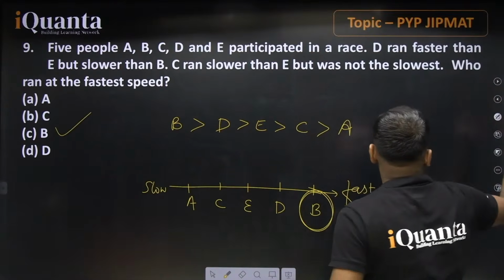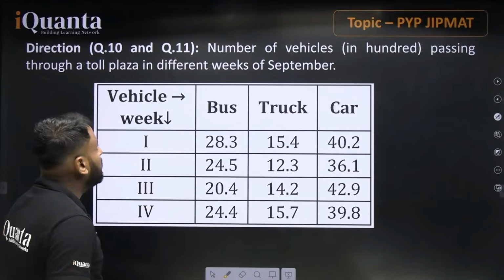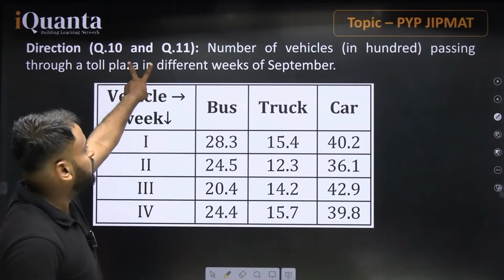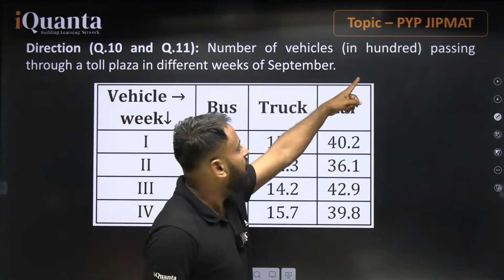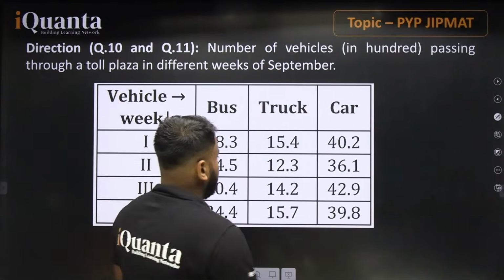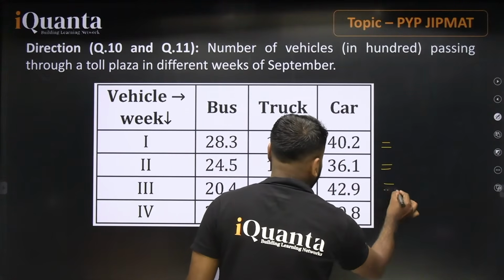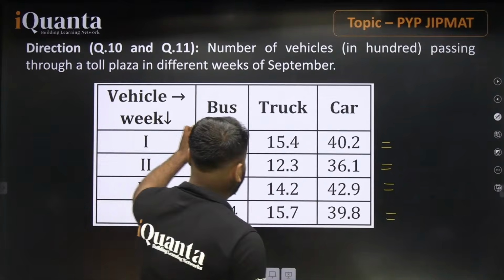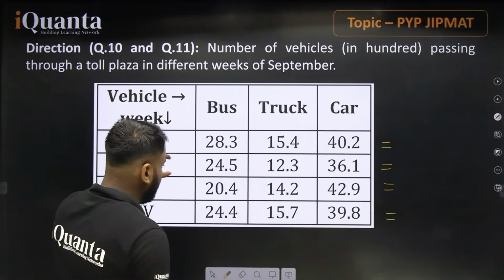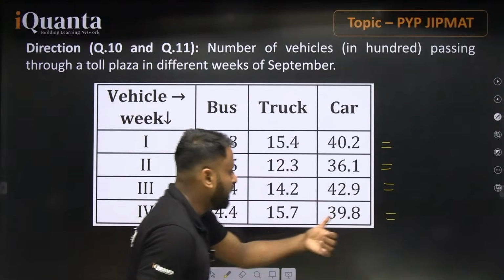Now let's have a look on another question. Here we have, yes, this is one of the good questions. The statement says here, we have two questions based on this. Number of vehicles in 100 passing through a toll plaza in different weeks of September, right? So if we go for this portion, this will give you the total number of vehicles passed in week 1, week 2, week 3, and week 4.